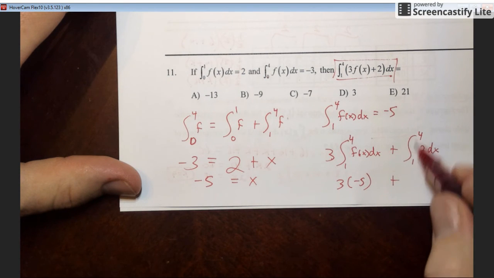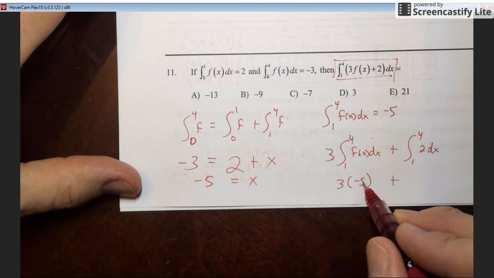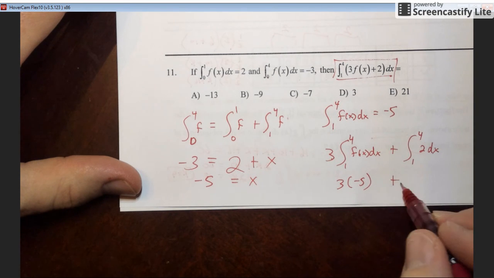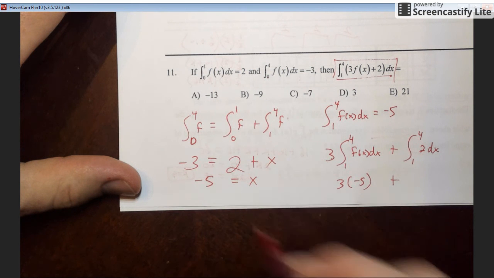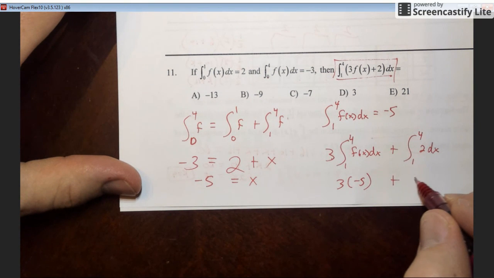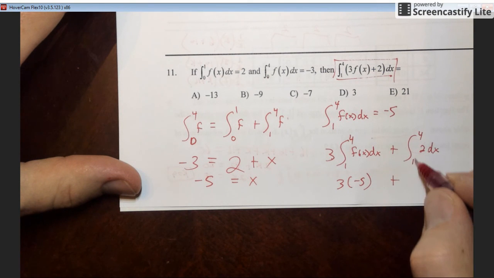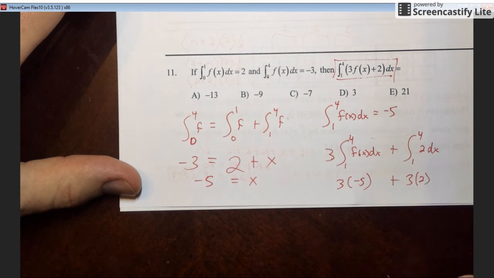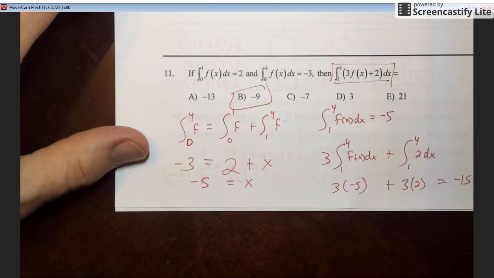We have to take the whole area. If we were to put 2 here, 3 times negative 5 is negative 15, plus 2 is negative 13. Remember I told you option A is always going to be that incorrect one, but we don't want plus 2 here. We want 2 times the range. The range is 4 minus 1. The range is 3. 3 times 2 means we're actually adding 6. So we have negative 15 plus 6. We want negative 9 as our answer.